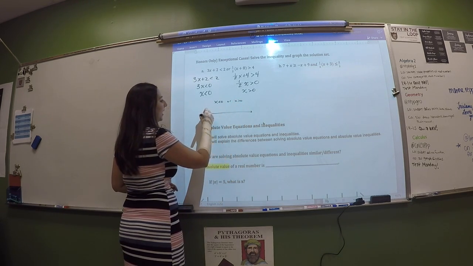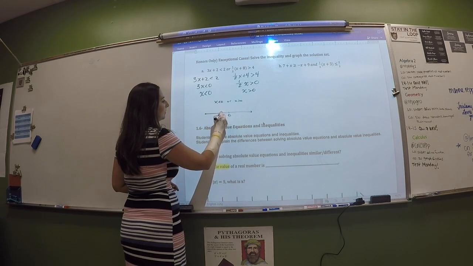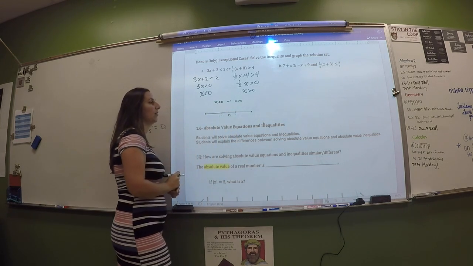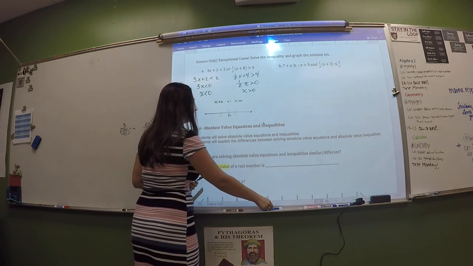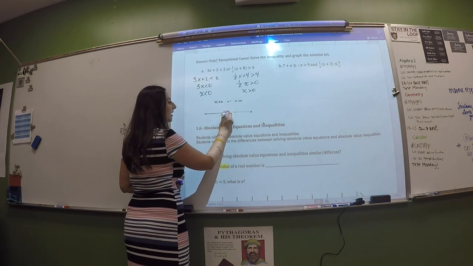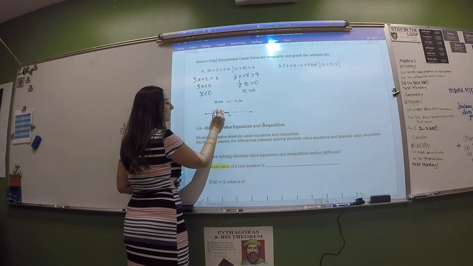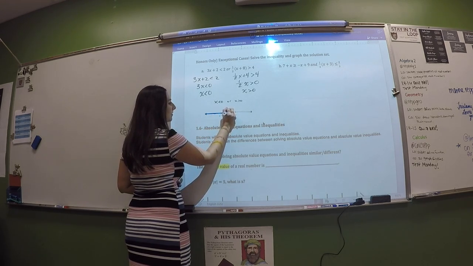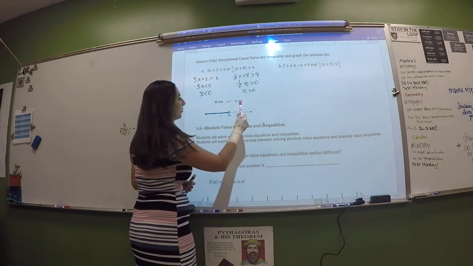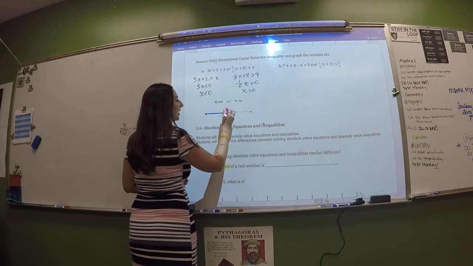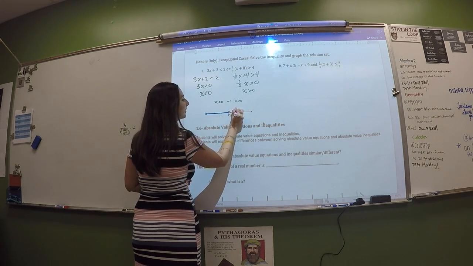Let's look at a number line. If I were to plot the points that are less than 0, that would be everything over here, right? Not including 0. If I were to plot the points that are greater than 0, that would be everything over here.